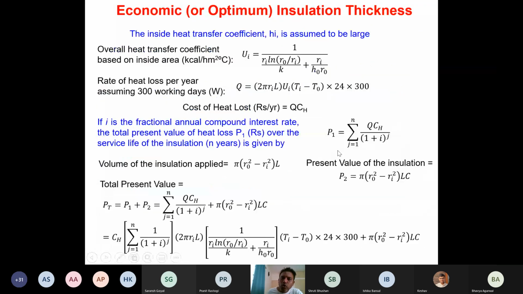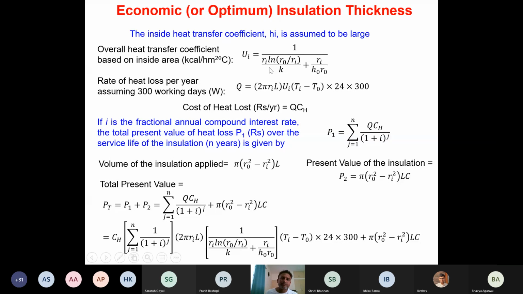UI is given in terms of the conduction resistance through the insulation as well as the convective heat transfer with the ambient. There is also a metal wall, but the conduction resistance offered by the metal wall is neglected, and the thickness of the metal wall is assumed to be very small.